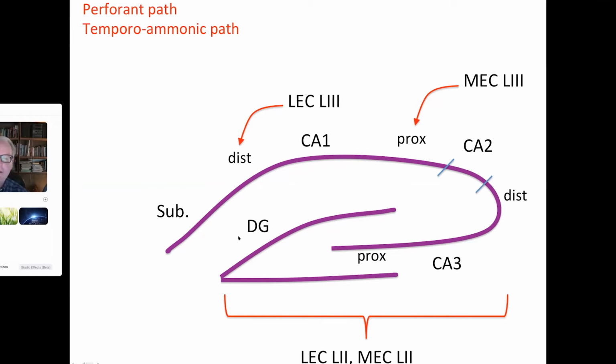The reason is that the entorhinal axons come in around here, and they only extend about this far. So if I'm a CA3 cell out at the far proximal end, I can't stretch my dendrites out far enough to get entorhinal input. So that's one difference, that proximal CA3 gets less direct entorhinal input compared to distal CA3.